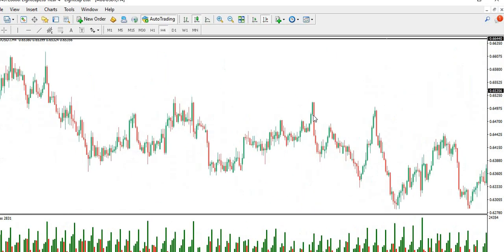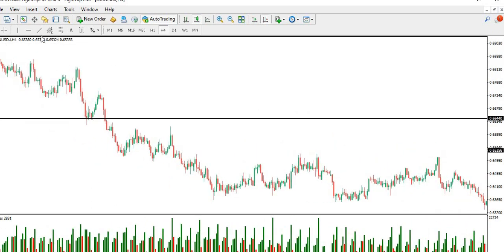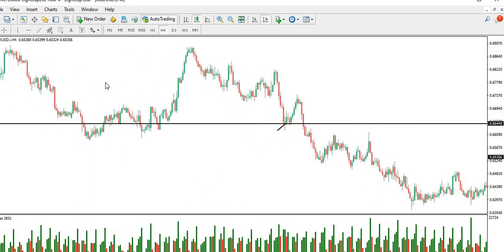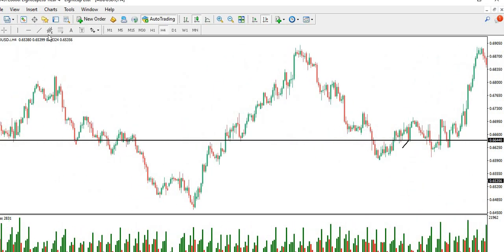How many examples I show you, you will see that the zones attract the price toward themselves. Look at this one. So this was the first one.